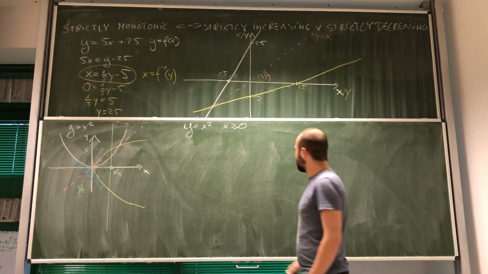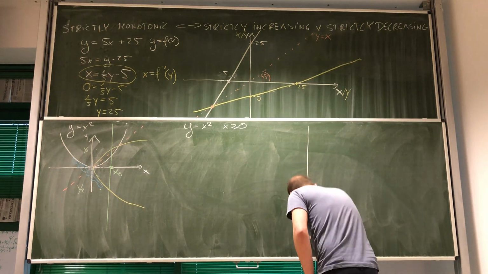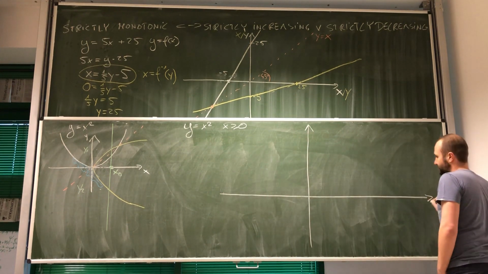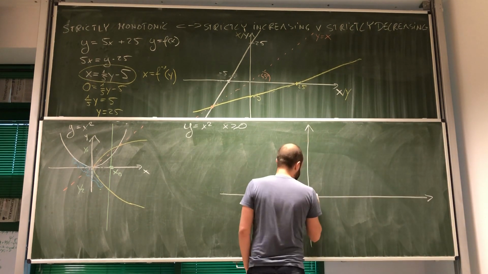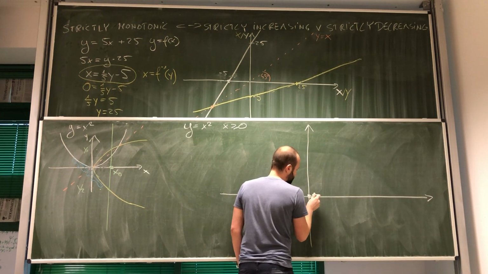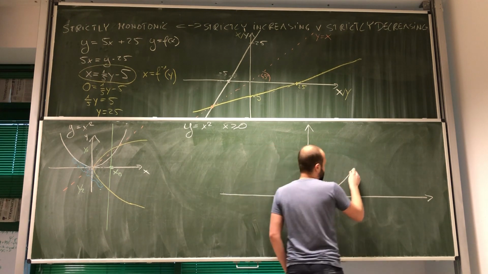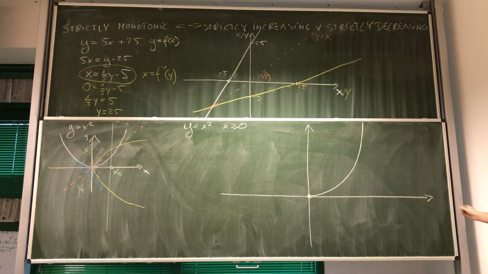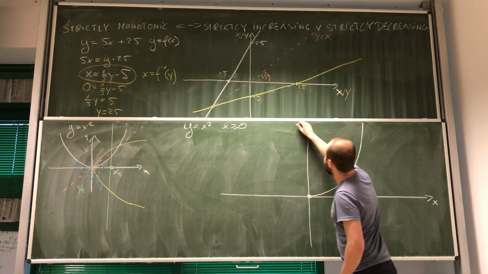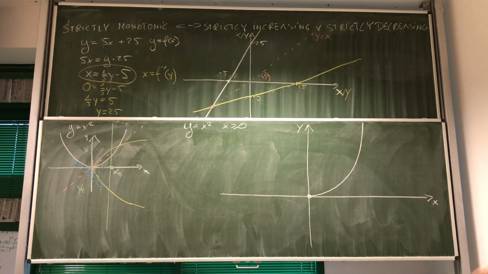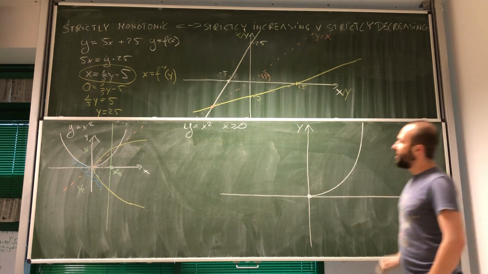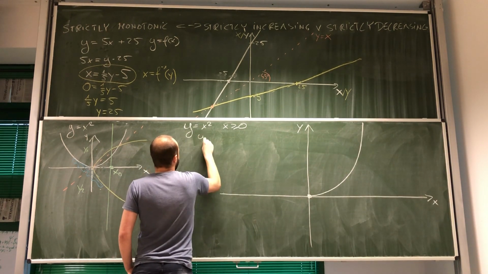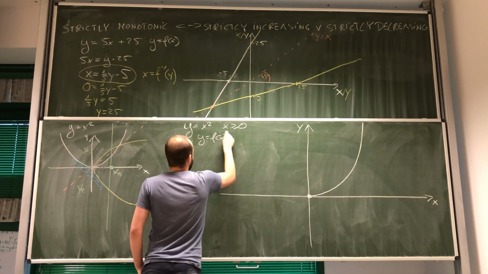Which means that now, if I'm going to draw this, this function is going to start at this point and go like that. Here we've got x, here we've got y. Okay, so now let's move on. This, of course, is our y equals f of x.